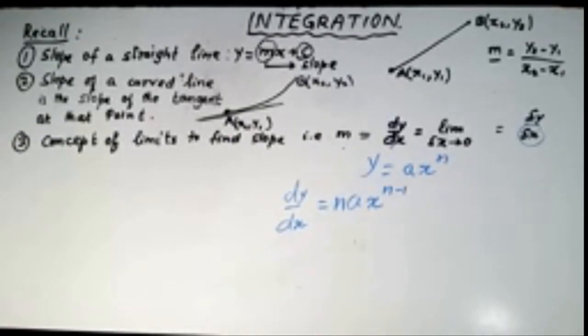Then we came across the differentiation of trigonometric expressions, logarithmic expressions, and exponential equations. Then we found the differentiation applying the chain rule, the product rule, and the quotient rule. So this is all we learned in the topic of differentiation, the first part of the course in calculus.